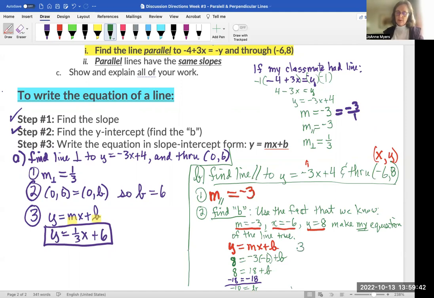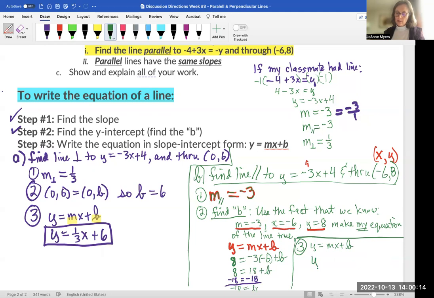And now step 3, I have y equals mx plus b. Now the equation of my line has to have a number for m, slope, has to have a number for b, and I have to have an x and a y left over.